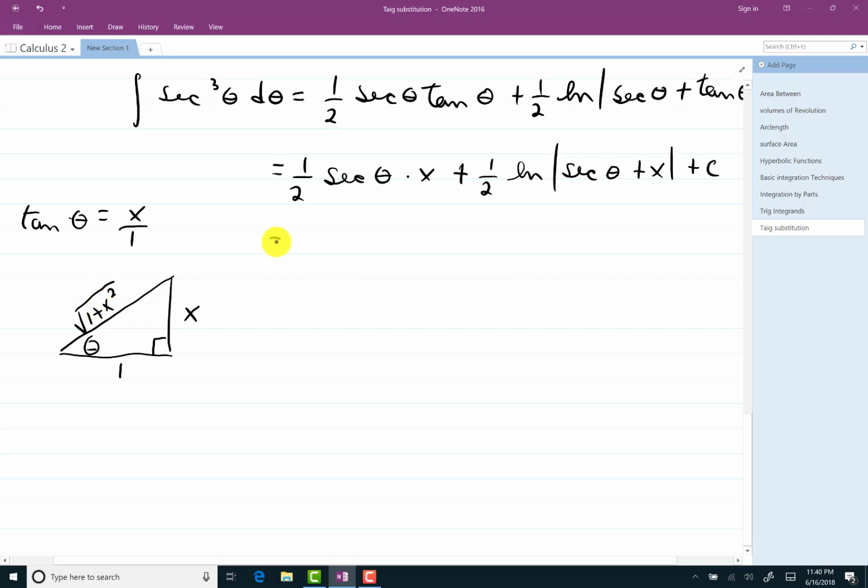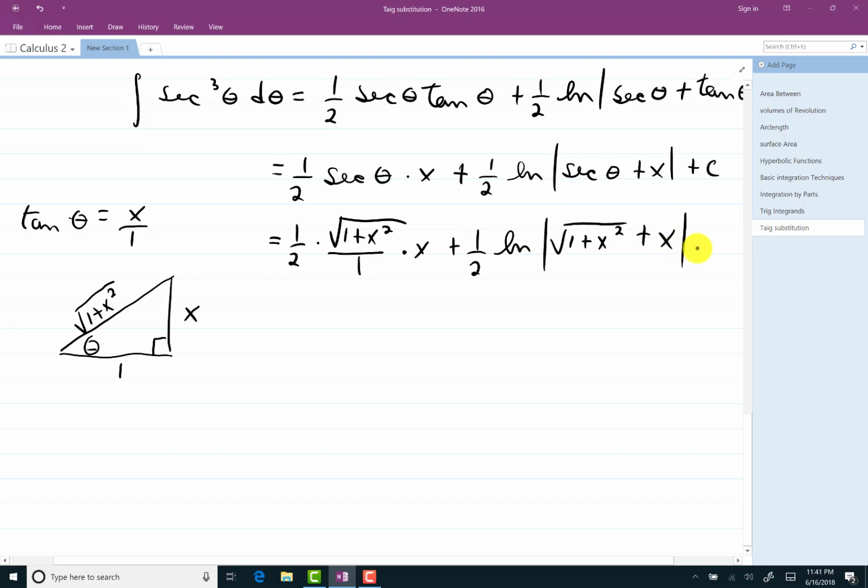Well, now I can work with secant of theta, because secant of theta is hypotenuse over adjacent. And I could clean up a little bit.